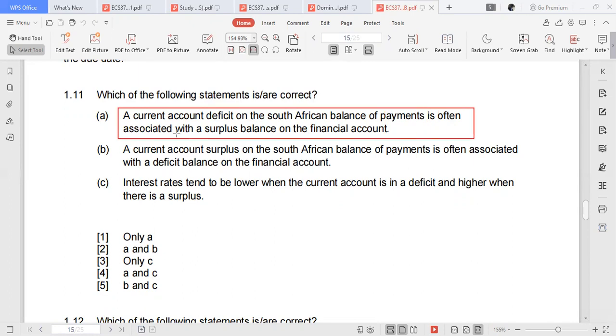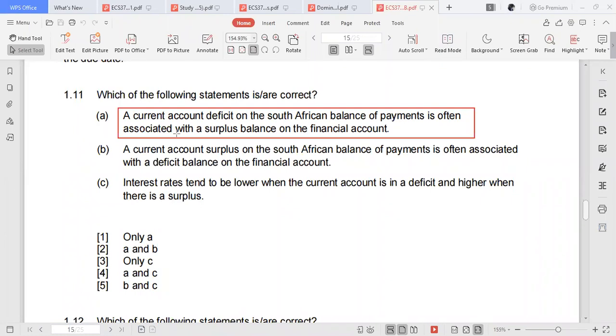stipulates that a current account deficit on the South African BOP, on the South African balance of payments, is often associated with a surplus balance on the financial account.